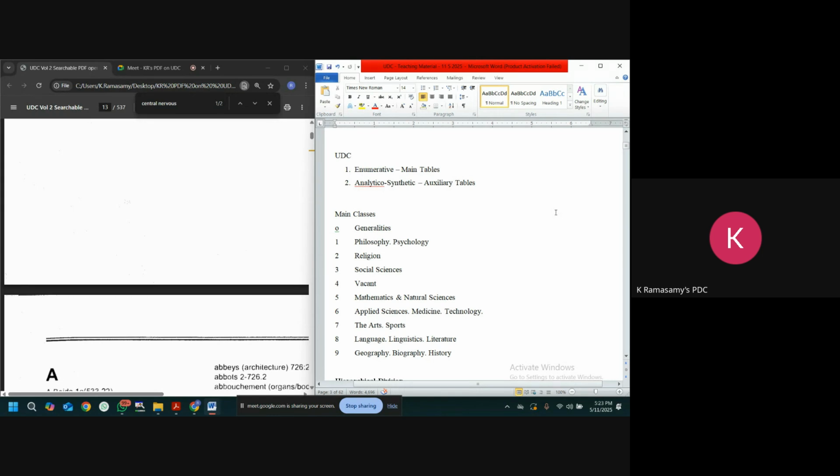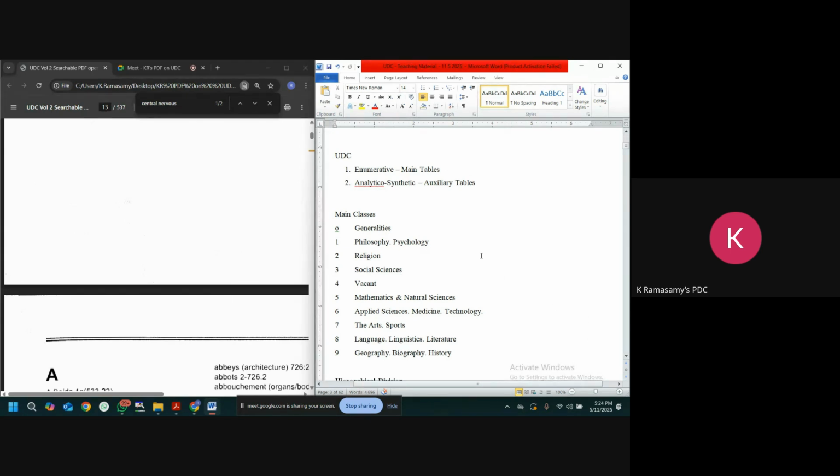It is analytico-synthetic because it provides a good number of auxiliary tables, which can be used for analyzing and synthesizing various components required for constructing a single UDC number. Since it has a lot of auxiliary tables, people say UDC is a freely faceted scheme where you can bring in many concepts which can be attached to the main subject.